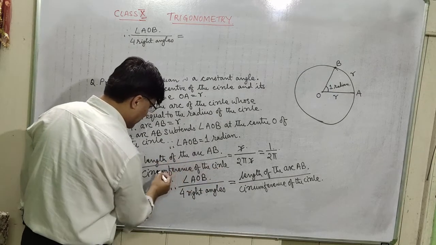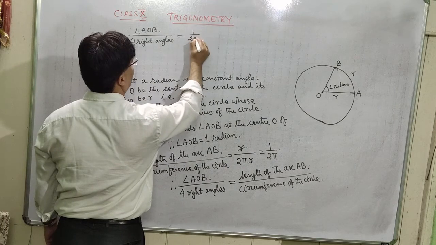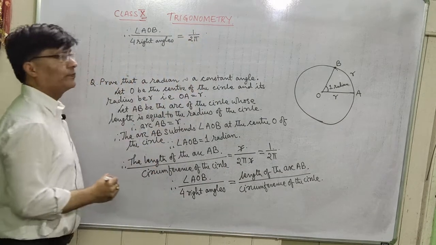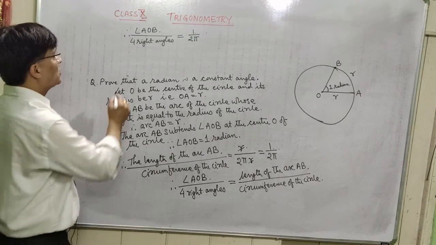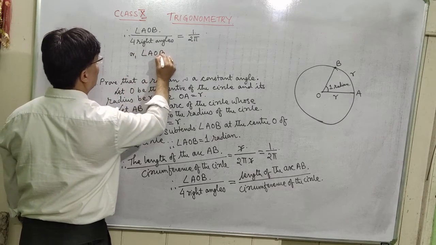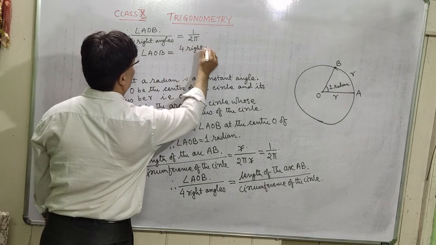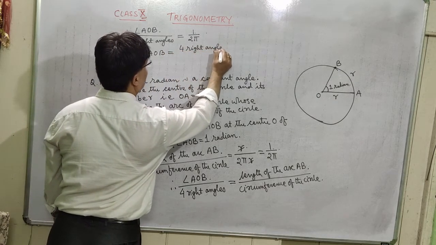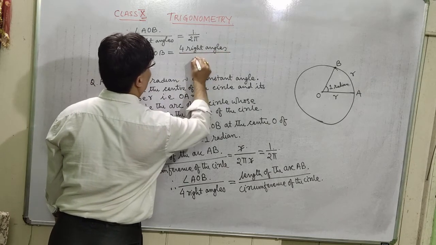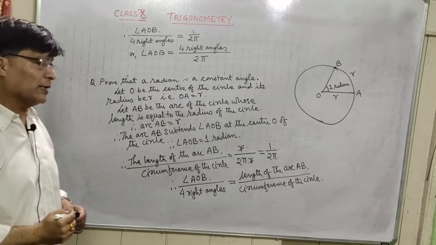The length of the arc AB divided by circumference of the circle is equal to 1 by 2 pi. So it is 1 upon 2 pi. Is that clear? Now this angle AOB is equal to 4 right angles divided by 2 pi.